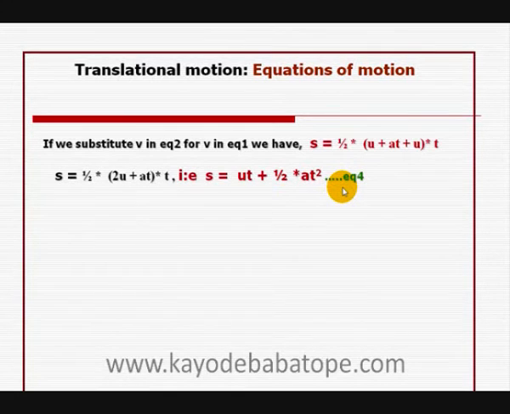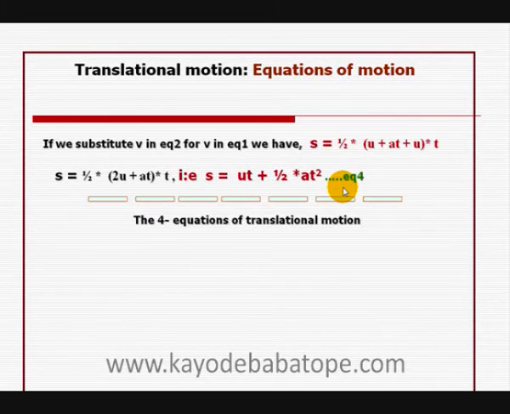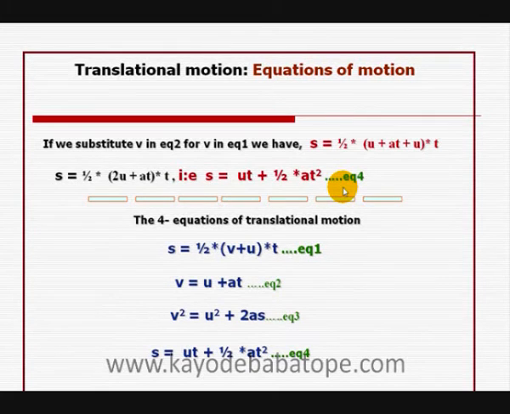Now we have generated 4 equations of motion which we are going to be using in dealing with problems relating to translational motion. Now, the equations of motion are summarized below. 1. S equals to half into U plus V times T, where U is the initial velocity, V is the final velocity, and T is the time of flight.